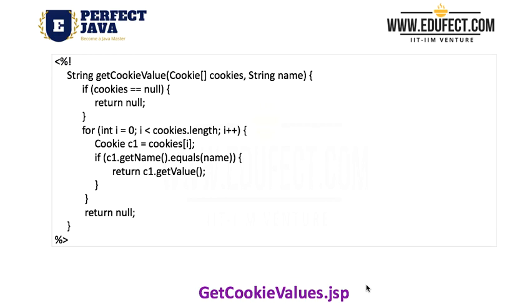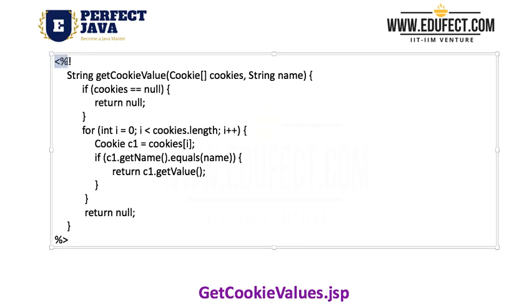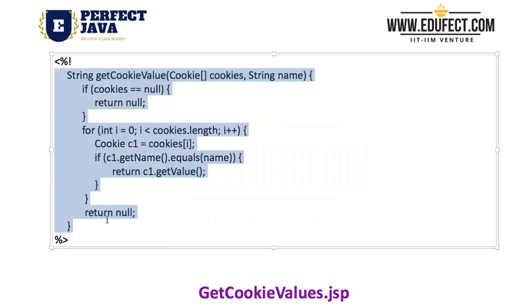This is a standard piece of code we will use whenever we are trying to check for cookies. So let's understand this code. The first thing to be noted here is that the JSP tag that we have used has an extra exclamation mark. The closing one is the same, but the opening tag has slightly changed. Why have we changed this tag? Because we are defining a method or a function here.